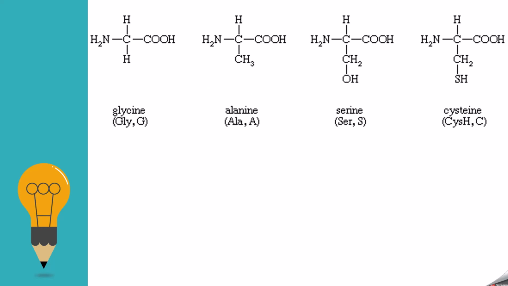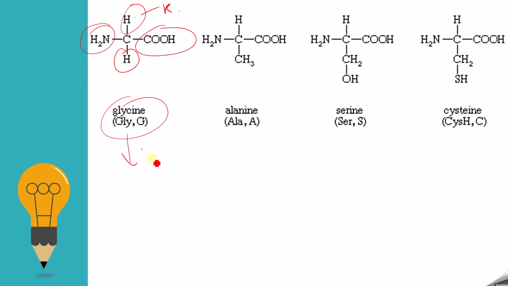So these are just examples of different types of amino acids. So we've got amine, hydrogen, carboxyl, and then we've got our R group here, and our R group here contains hydrogen, and glycine is the only amino acid which has an R group which is a hydrogen.